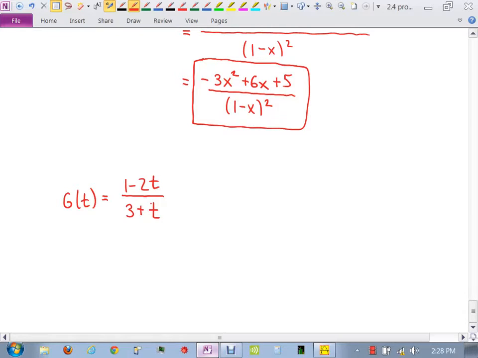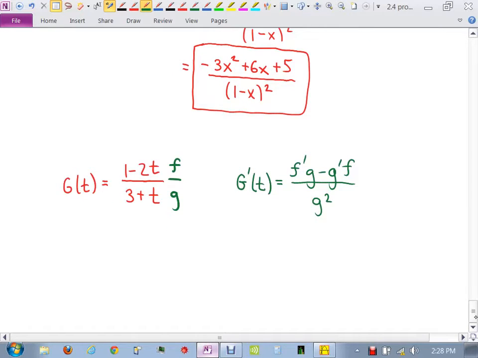But now, let's do it using the quotient rule. Because don't we have a quotient here? We have f over g. So the derivative, watch the way I'm going to write this, capital G prime of t, should be f prime g minus g prime f all over g squared. I've memorized that. You should do the same.